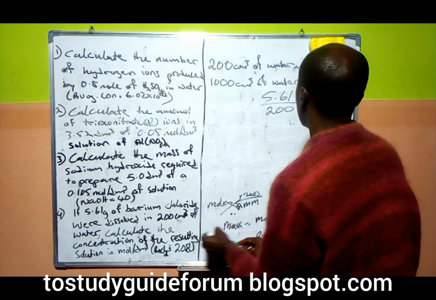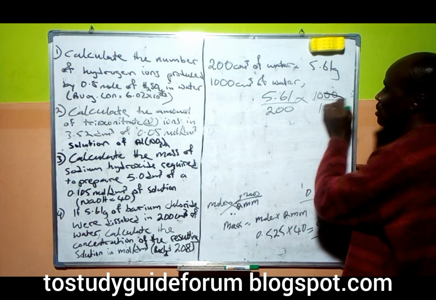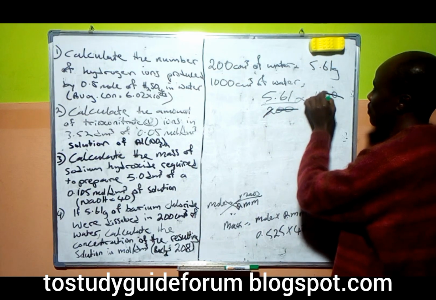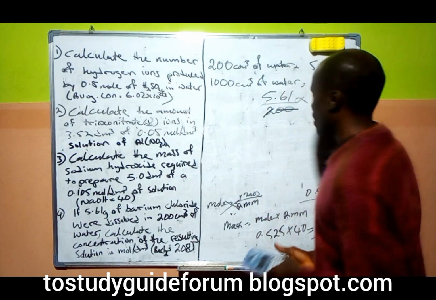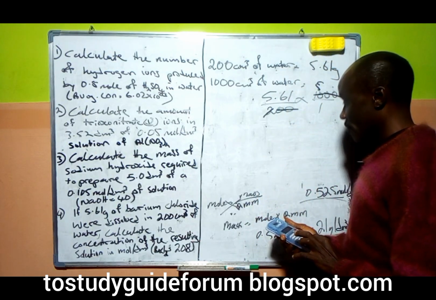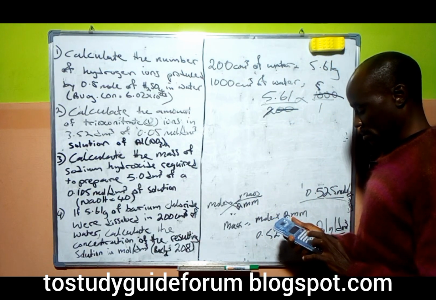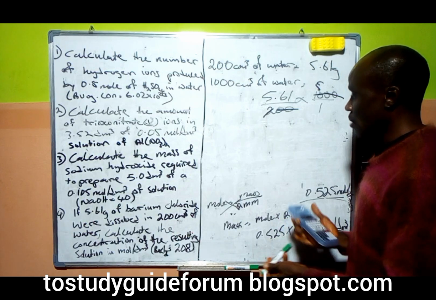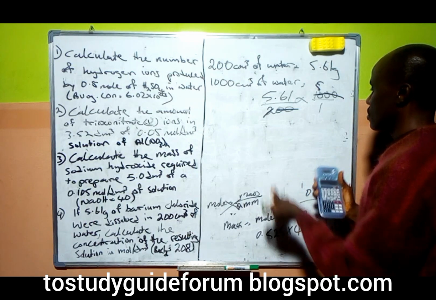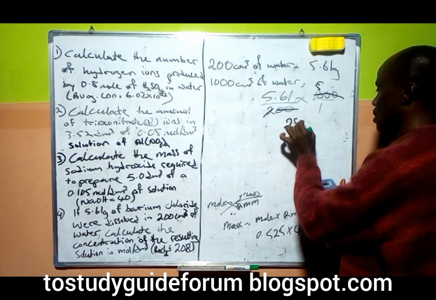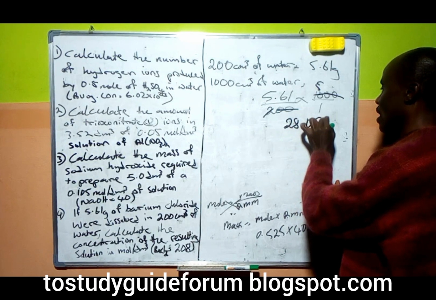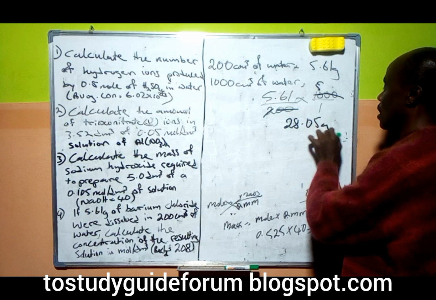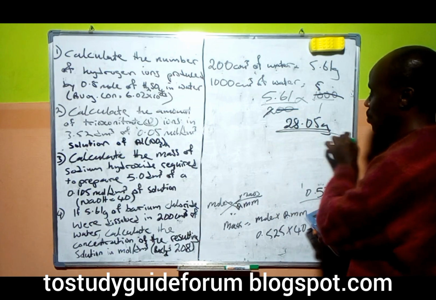So we can cancel out. This will give us 5. 5.61 times 5 will give us 28.05 grams. So this is the grams required.